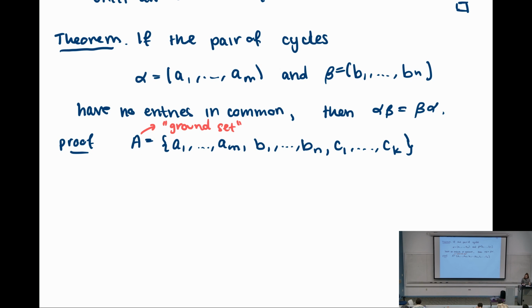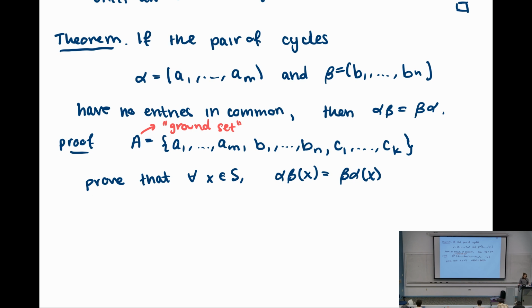Okay, so this is our set A, and then we're going to prove that for all x in A, alpha beta of x is equal to beta alpha of x.